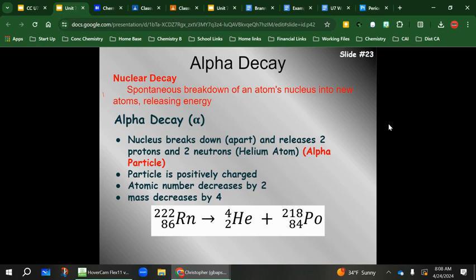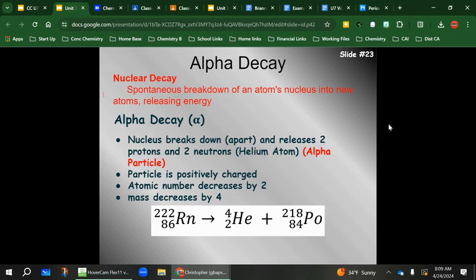What is the top number in front of helium represent? That 4. What does it represent? Mass number. So why is it 4? Because you not only lose 2 protons, but you lose 2 neutrons.